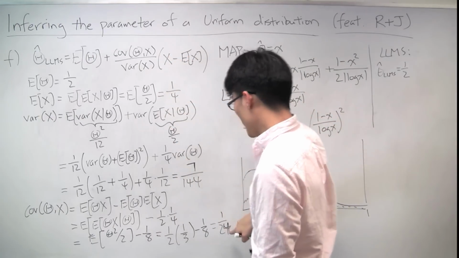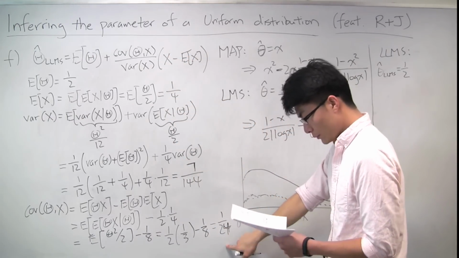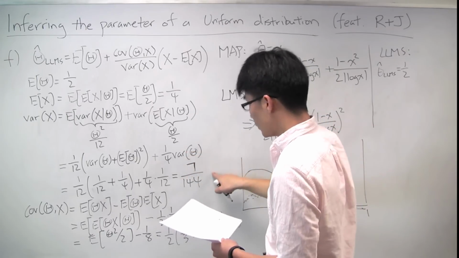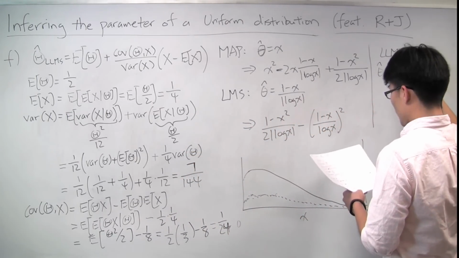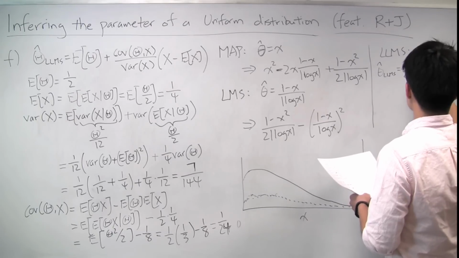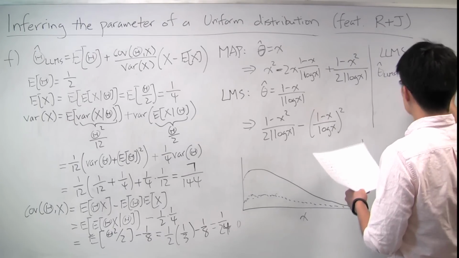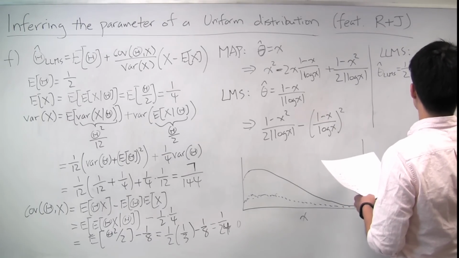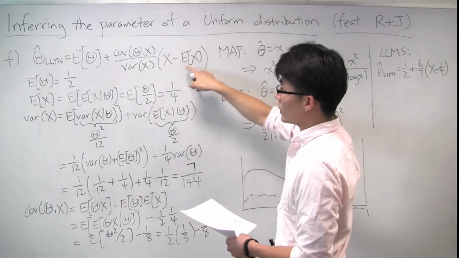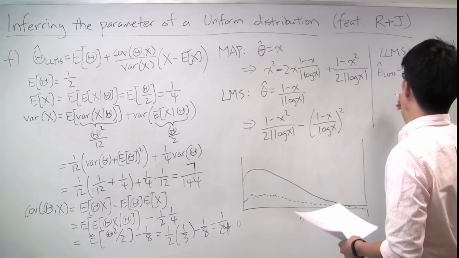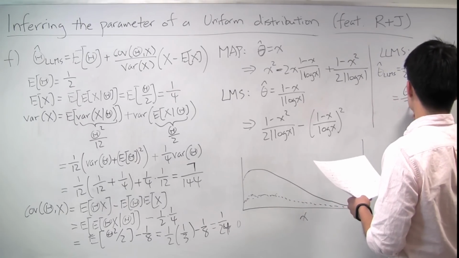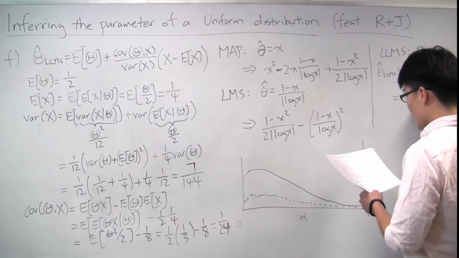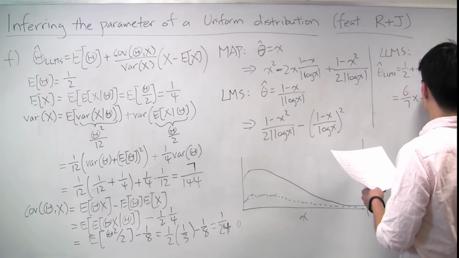The covariance is 1 over 24. The variance is 7 over 144. And when you divide that, you get 6 over 7 times x minus 1/4, because the expectation of x is 1/4. And you can simplify this a little bit and get that this is equal to 6 over 7 times x plus 2 over 7.